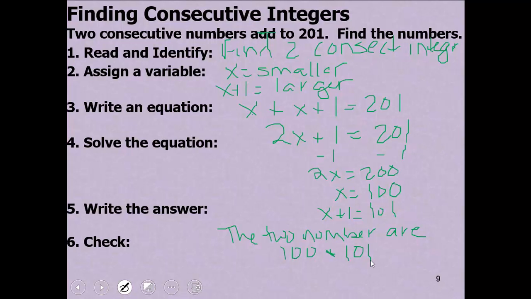If they work, then 100 plus 101 had better equal what? 201. And do these add to 201? You betcha. And it checks.